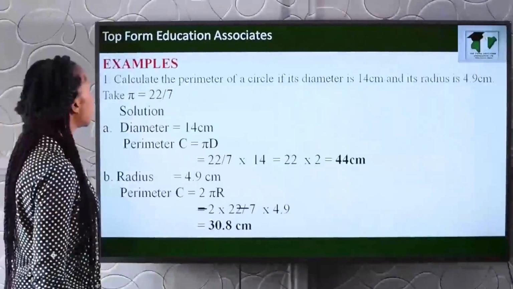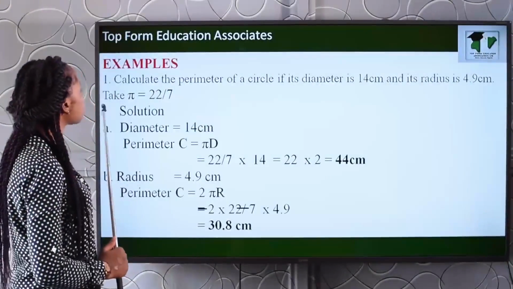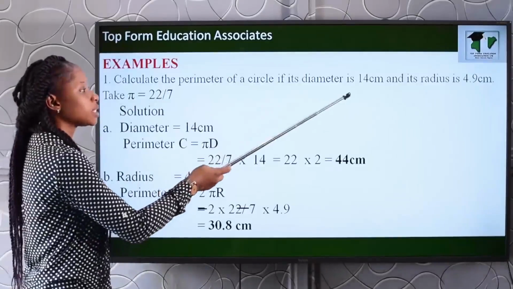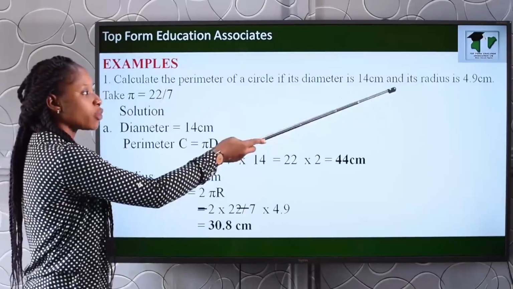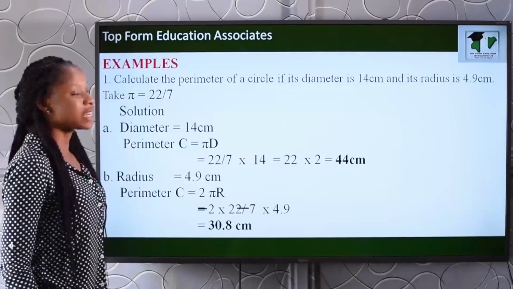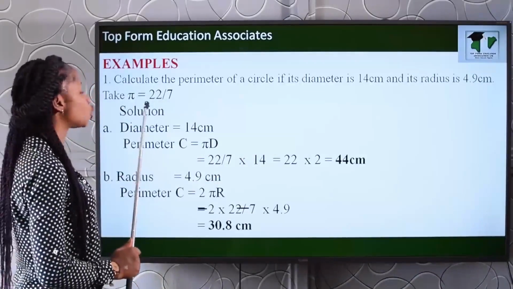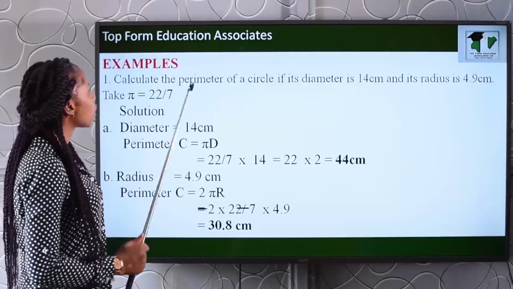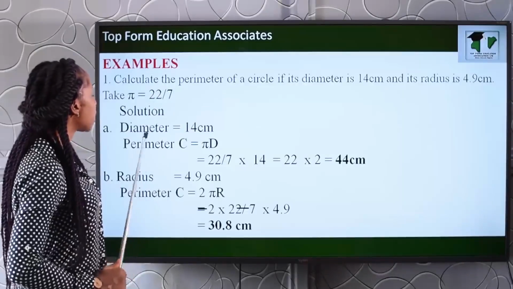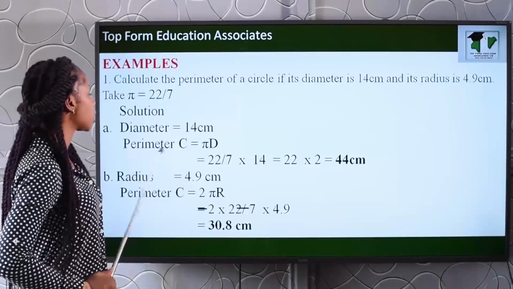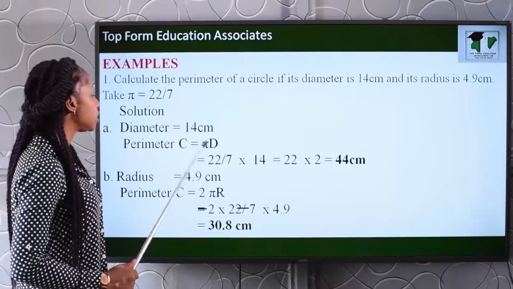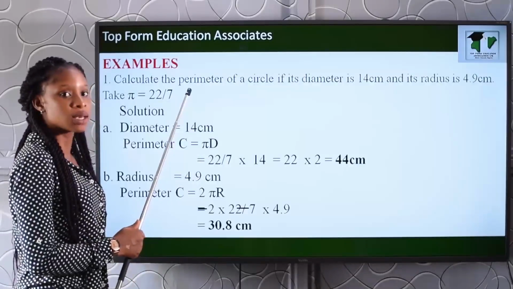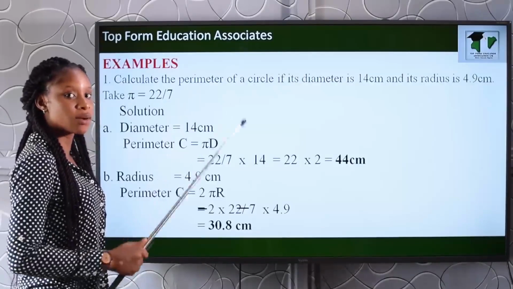Now let's take some examples. Number 1, calculate the perimeter of a circle if its diameter is 14 centimeters and if its radius is 4.9 centimeters. We're given pi as 22 over 7. From this question, we're given the diameter and we're asked to find the perimeter, so we just use the formula C equal to pi D. Remember, perimeter is the same as circumference, the distance around the edge of the circle.